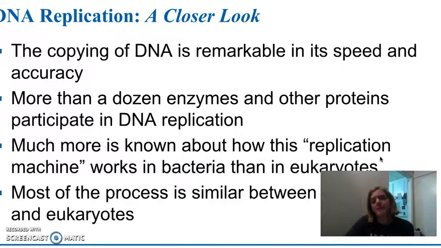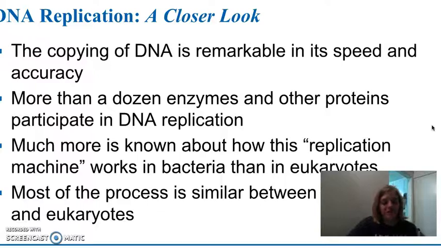So when we take a look at DNA, a couple of things to note in general: it is very impressive how quickly and accurately our DNA can be copied. It's really a miracle, so hopefully you appreciate it for the miracle that it is. Also, there are tons of different enzymes and other proteins that participate in DNA replication.